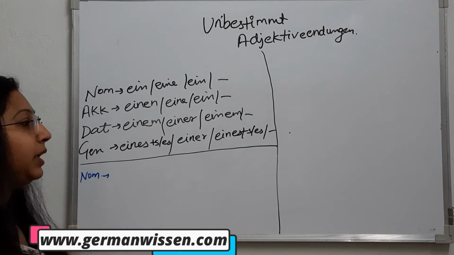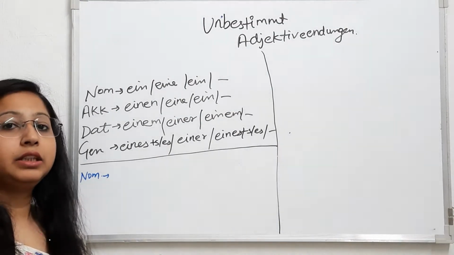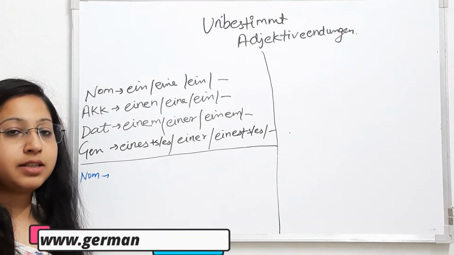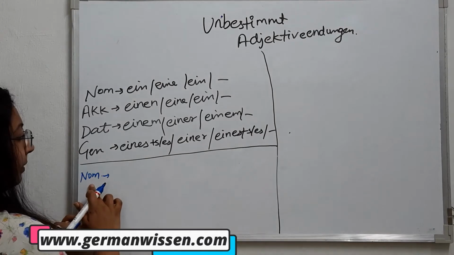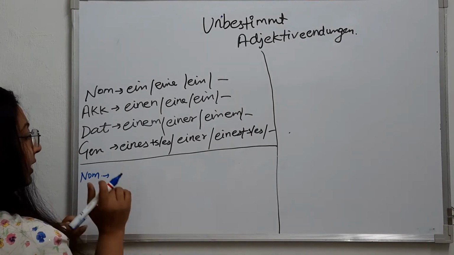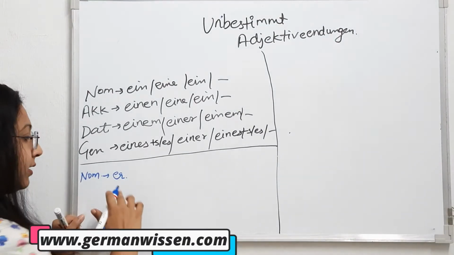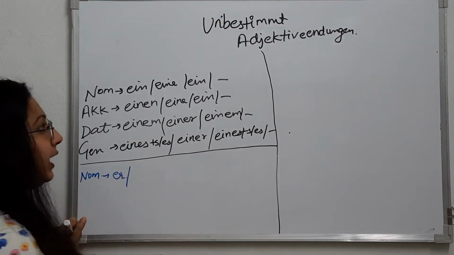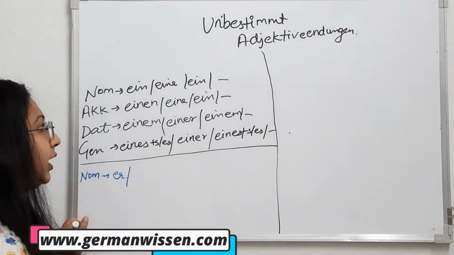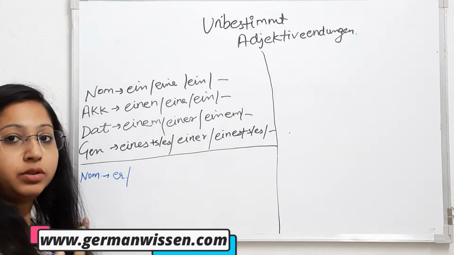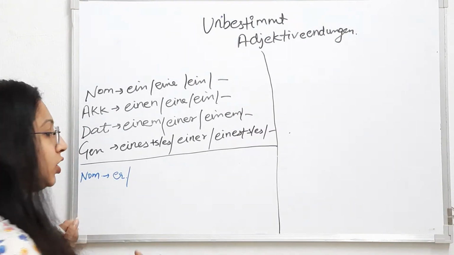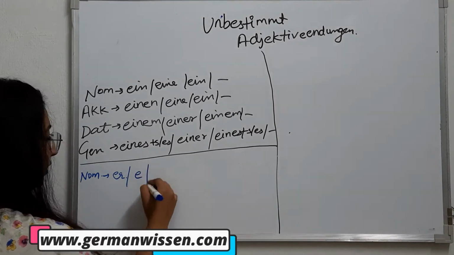In the case of nominative, for the bestimmt article, we see der, das, die. So for der, we will take just the er of that ending. In the case of feminine, we have die, so we will take just e of that.